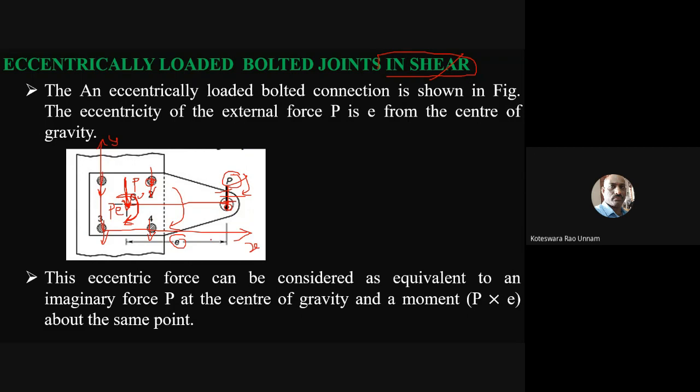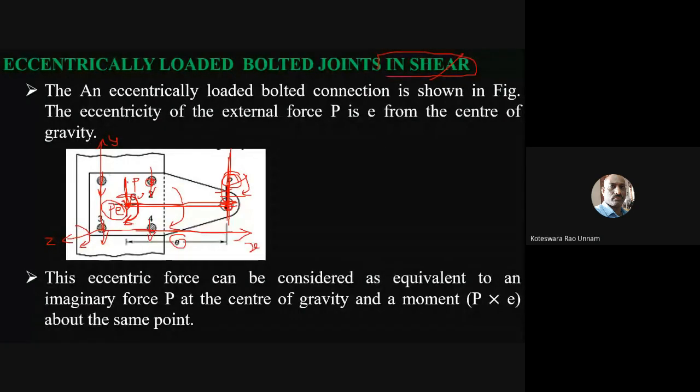So Z is going to be perpendicular to the x and y axes. Now the load direction is the y-axis; the load is acting in the y direction, and our eccentricity is measured along the x-axis. Therefore, the moment P creates will act about the z-axis.